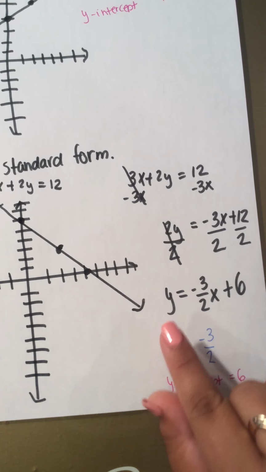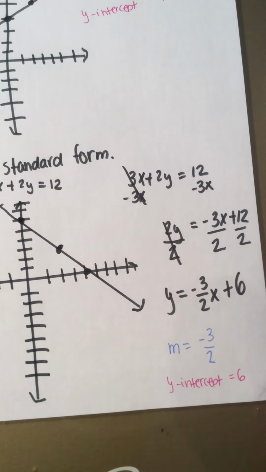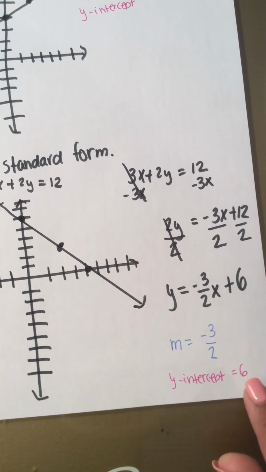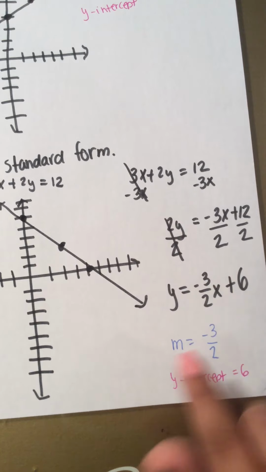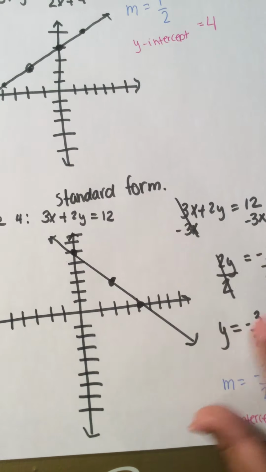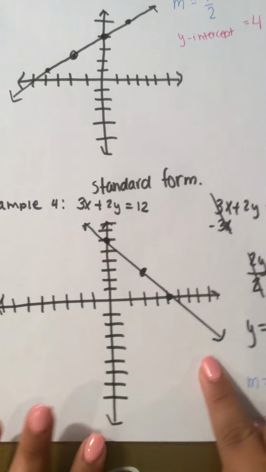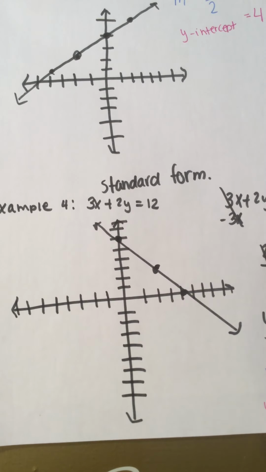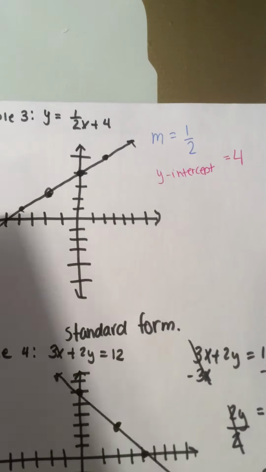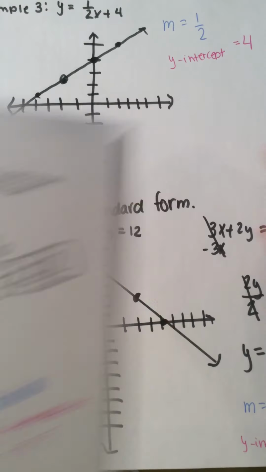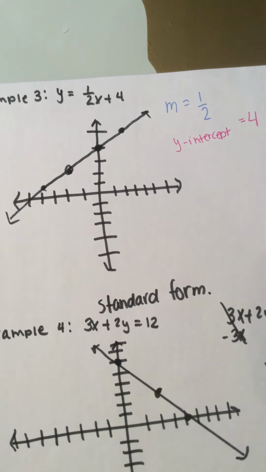When you solve for this, and you have it in y equals mx plus b form, label your slope, your y-intercept, graph your y-intercept, and then your slope. Again, this slope is negative, so it's going to be working its way down. It's decreasing. Okay, so make sure you take your time with these and you pay attention to the slope. Is it decreasing or increasing? That is the biggest mistake that we see.